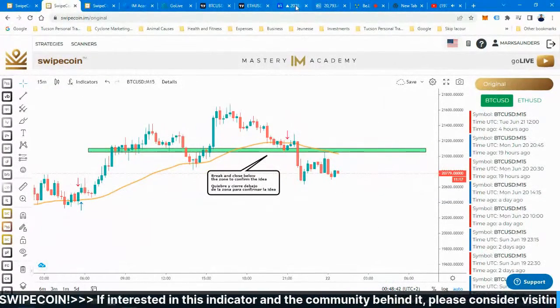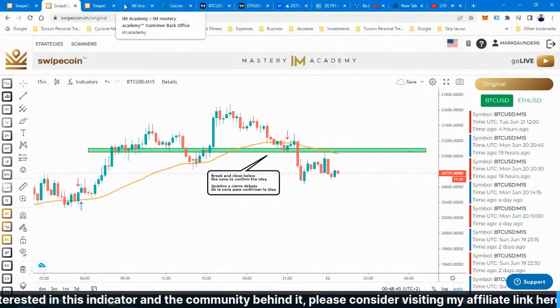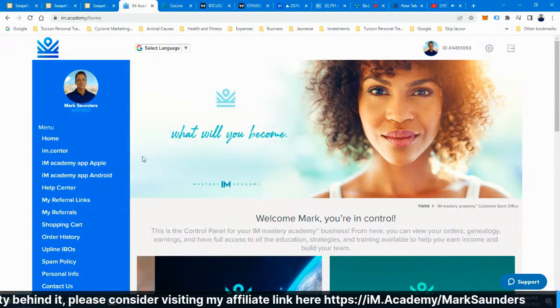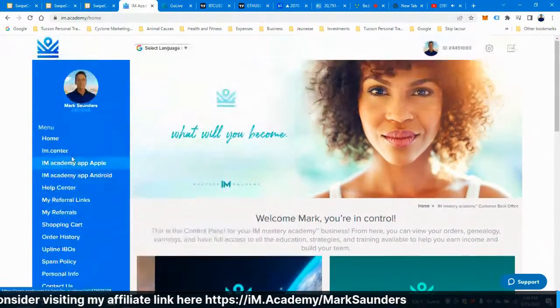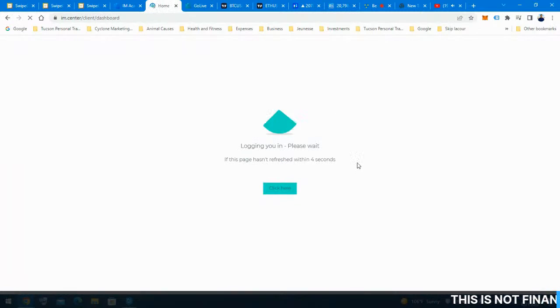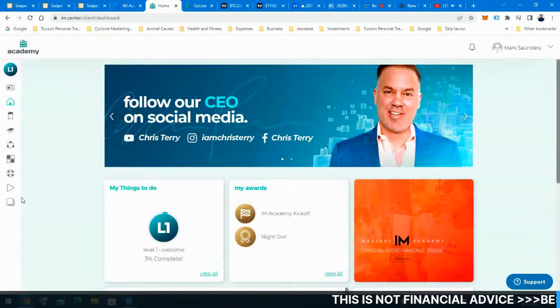But just to share with you the academy itself, this is what it will look like if you actually got the academy. You would go inside the IM Center and log in. I'm just going to show you how it works if you were going to be doing it yourself. This is how you would get to it.